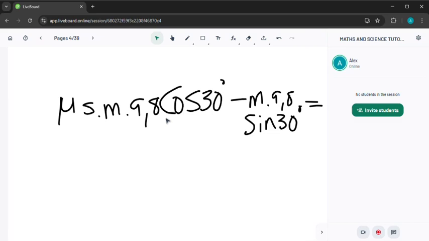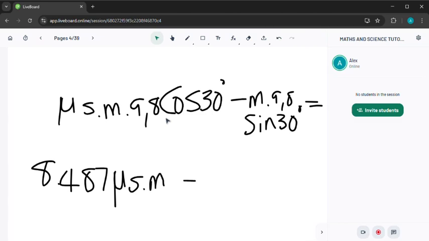This is equal to 8,487. The coefficient of static frictional force multiplied by the mass minus, then let's see here, 9,8 multiplied by sine of 30 degrees.